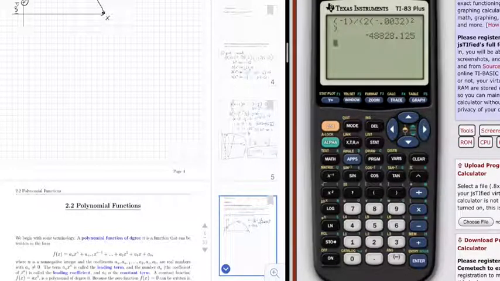Negative b over 2a. Oh, you know what? I put a squared in there, and I think that's because I wasn't reading my handwriting properly. So let's pull that back up. So then we get rid of that. Now that looks better. Yeah, that's it.